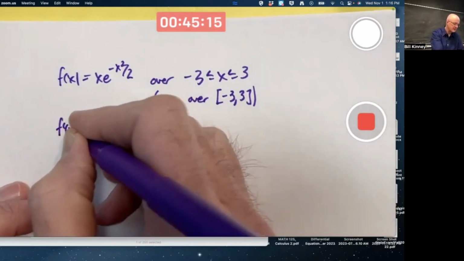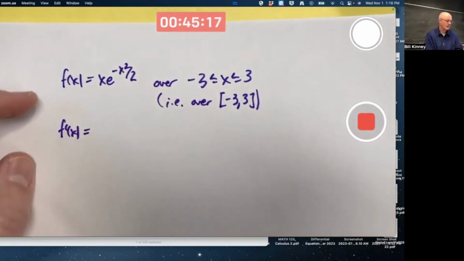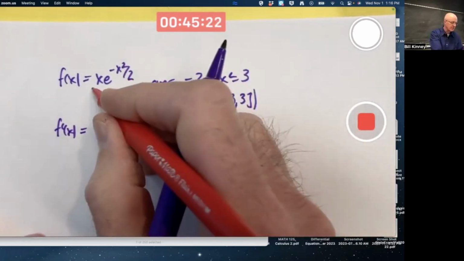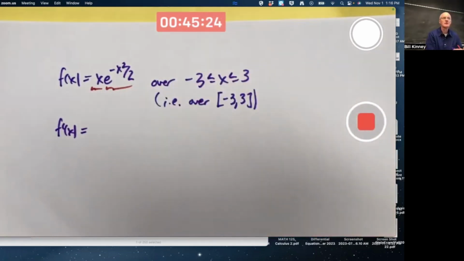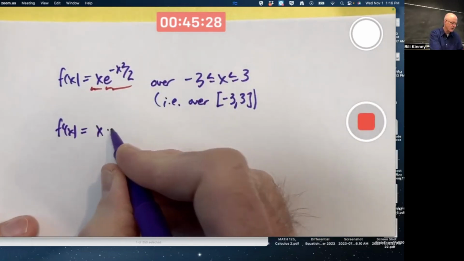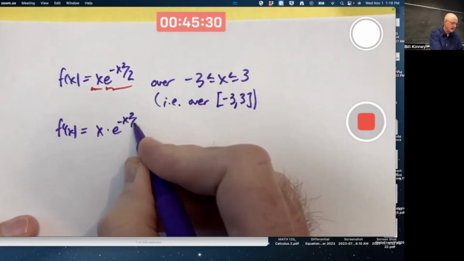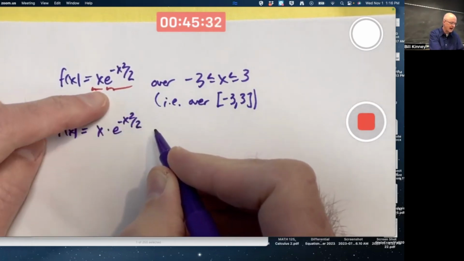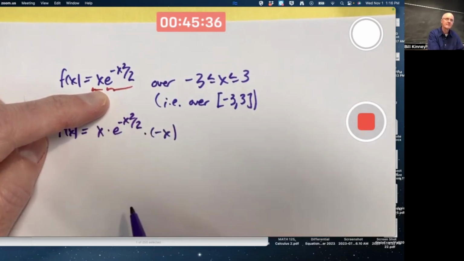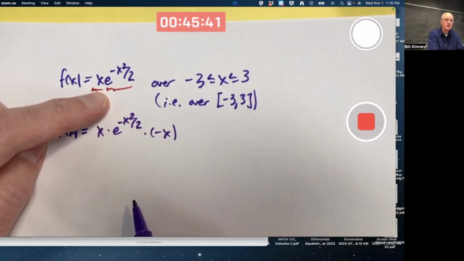Find the critical points first. It's a product, so we need the product rule. Left x, d right. I need the chain rule to differentiate that. It gives me an extra factor of -x. Right? Differentiate -x squared over 2.